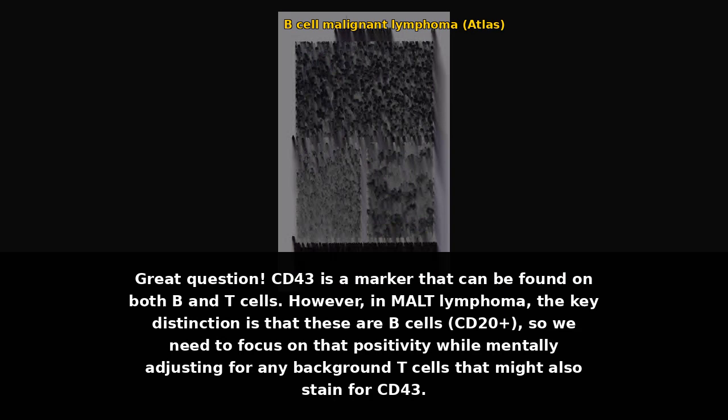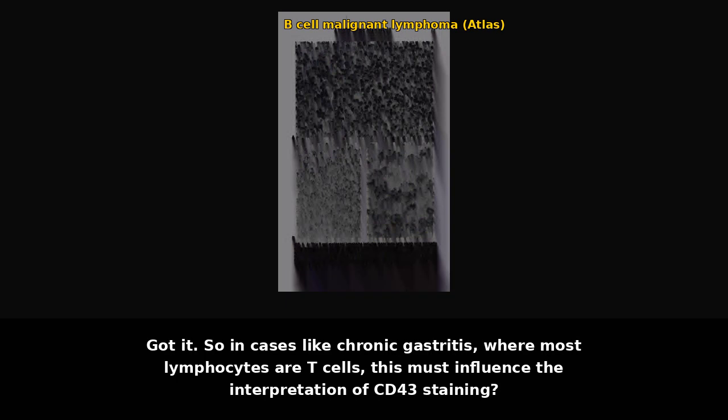So we need to focus on that positivity while mentally adjusting for any background T cells that might also stain for CD43. Got it. So in cases like chronic gastritis, where most lymphocytes are T cells, this must influence the interpretation of CD43 staining.